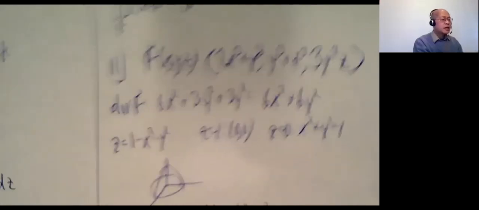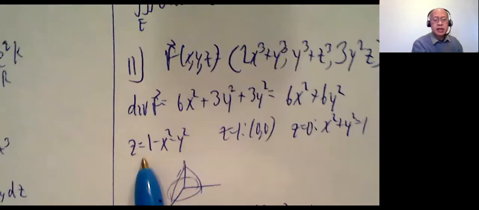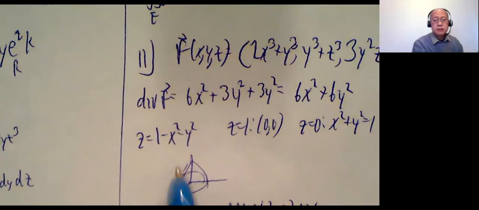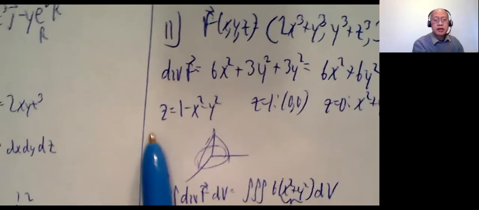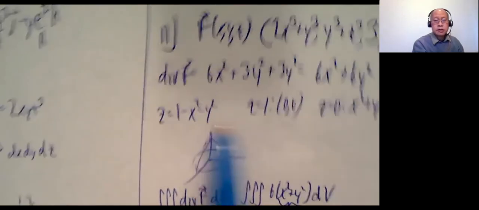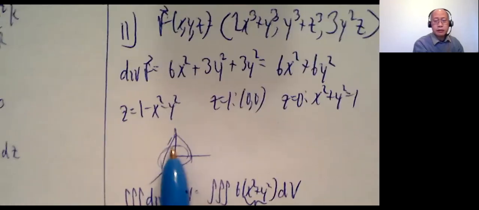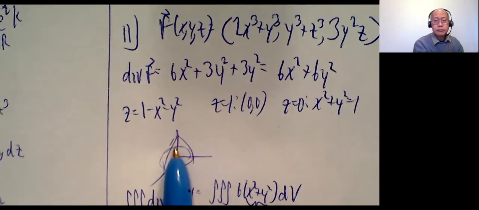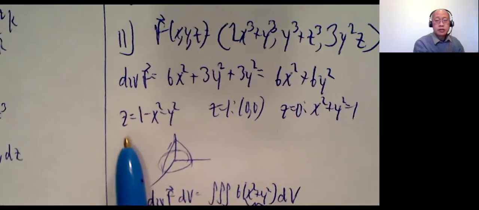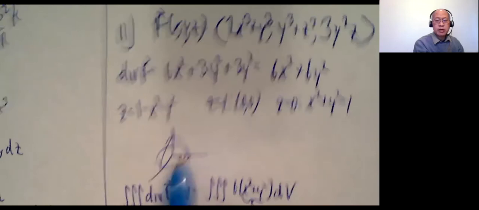Okay, now they said z equals 1 minus x squared minus y squared. Which means if I plug in 0, 0, z is 1. So that's the point way up here. Now, how about in the xy plane? z equals 0, that's x squared plus y squared equals 1.